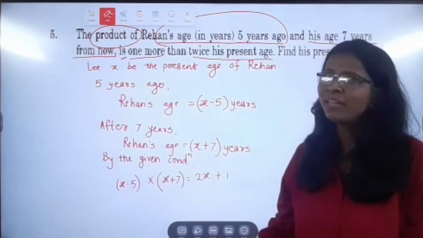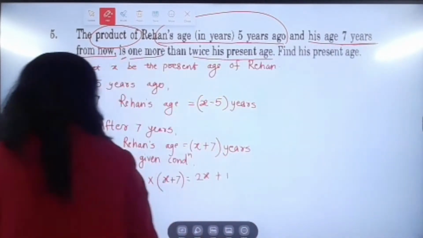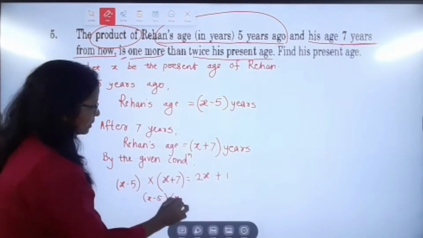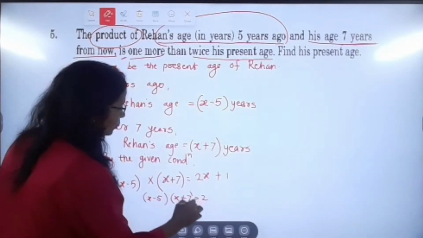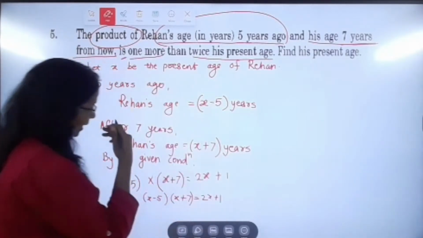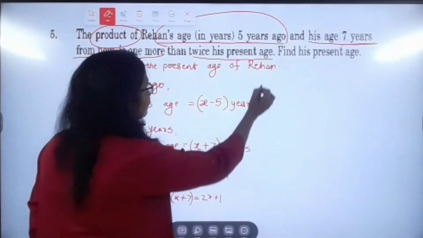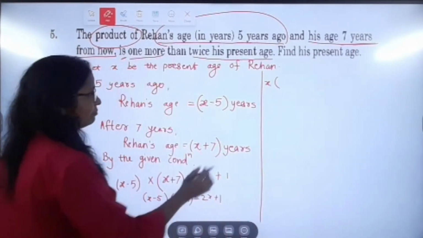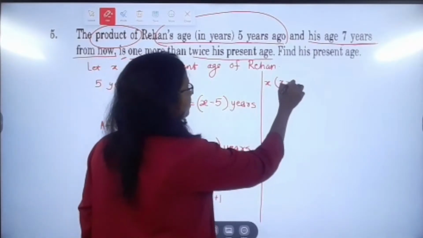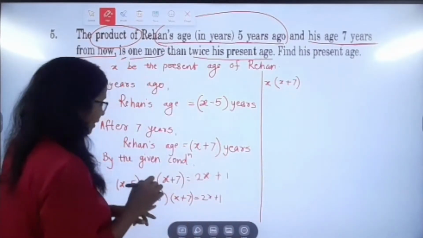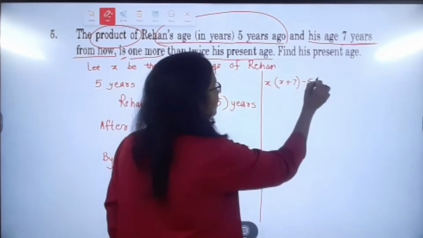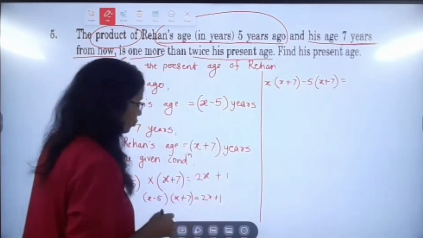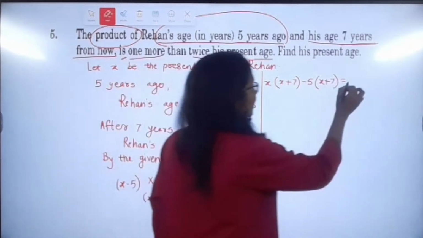Okay, now we simplify this equation: x minus 5 multiplied by x plus 7 is equal to 2x plus 1, same, I write down the same. Then I multiply the second bracket by x, so x multiplied by x plus 7, then multiply x plus 7 by minus 5, which is equal to 2x plus 1, as it is.